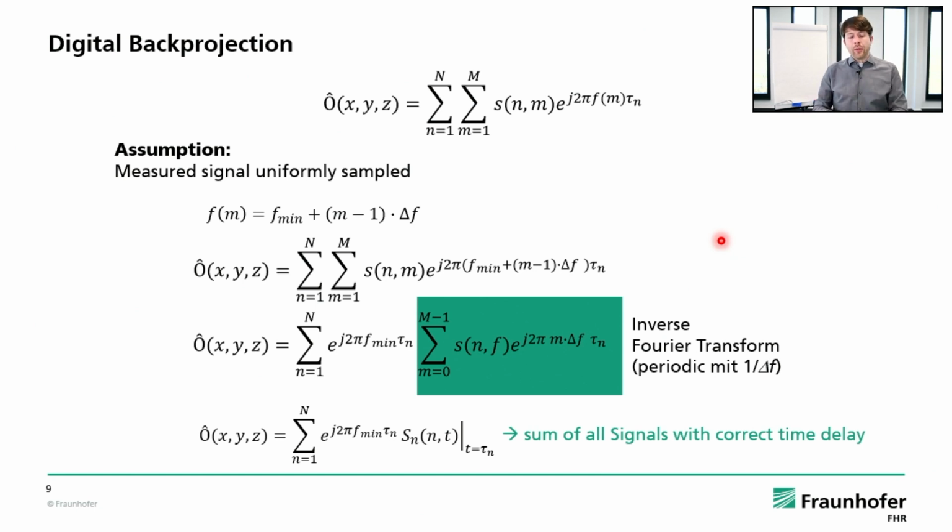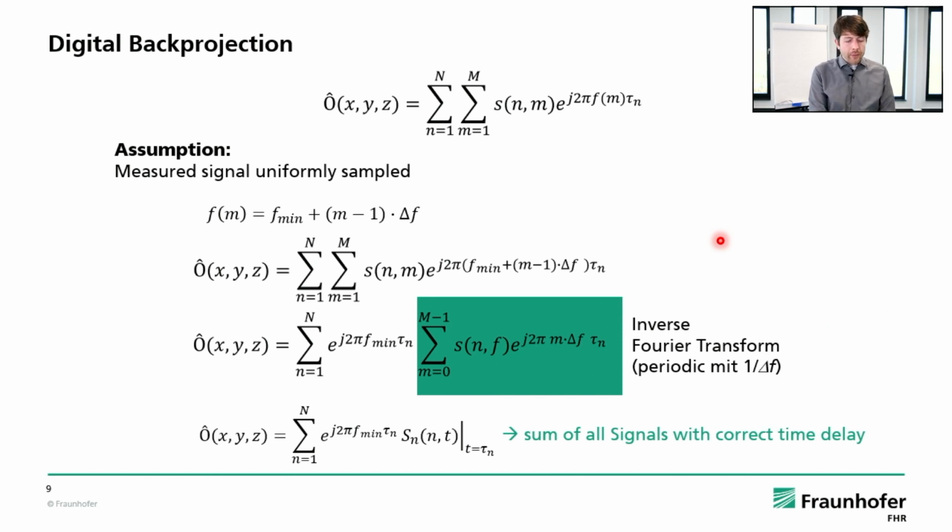But at the moment, it's flexible but highly inefficient. We are adding up for all frequencies separately over all antennas. If you want to simplify that, you have to assume things. The first assumption you could easily make is that I'm sampling my signal, my physical signal I see in the antenna, in an equidistant way.